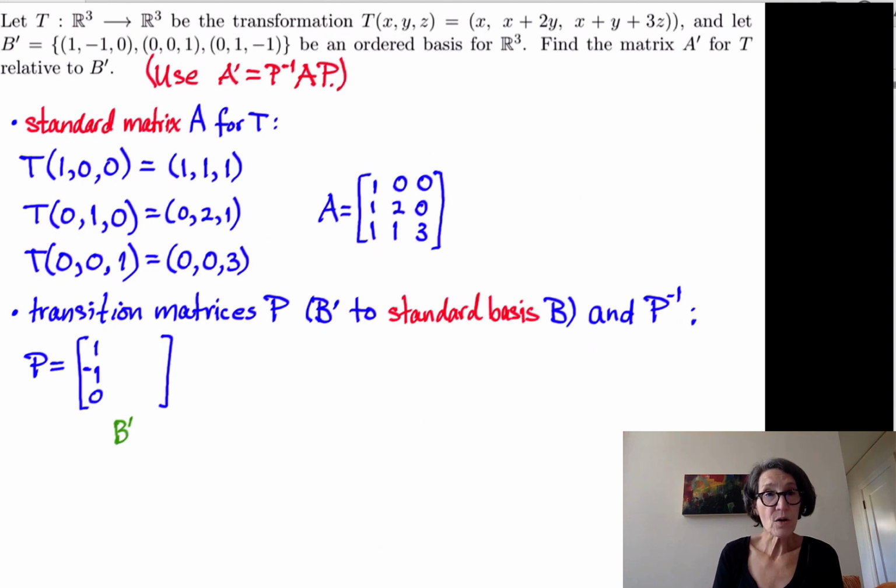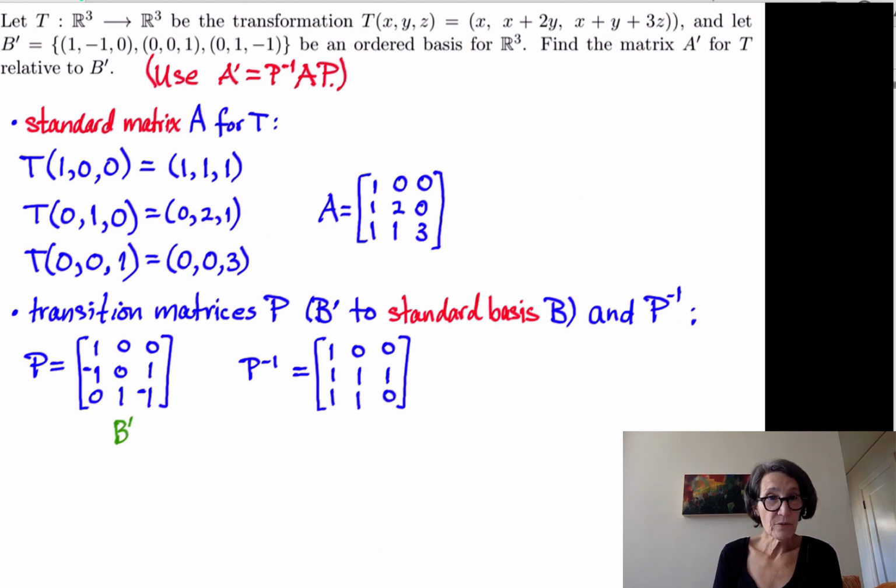So the columns are 1, negative 1, 0, 0, 0, 1, and 0, 1, negative 1. That's the transition matrix from B prime to B. And then to get P inverse, we can just take the inverse of that. And using technology, I got the matrix 1, 0, 0, 1, 1, 1, 1, 1, 0.